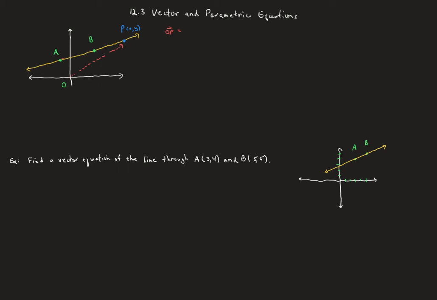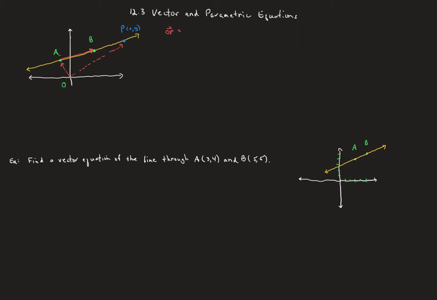So if we look at this vector AB right here, then the claim is that we can get to this point x, y by taking a vector from the origin to A, so vector OA, and then add to that the correct multiple of vector AB.